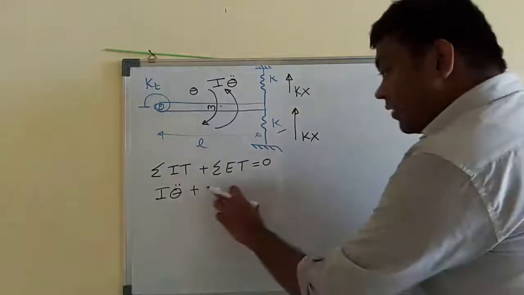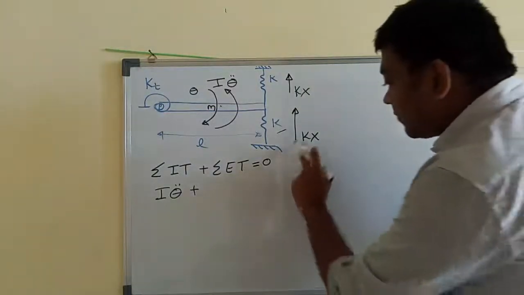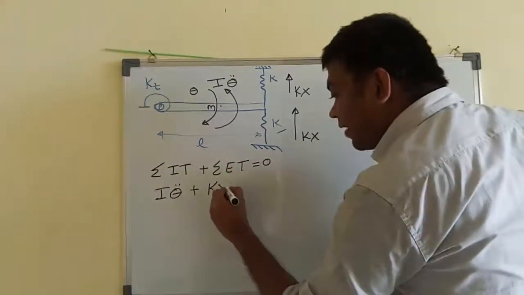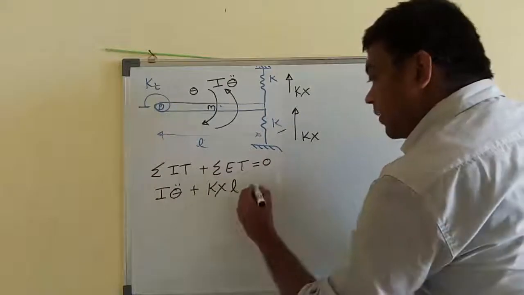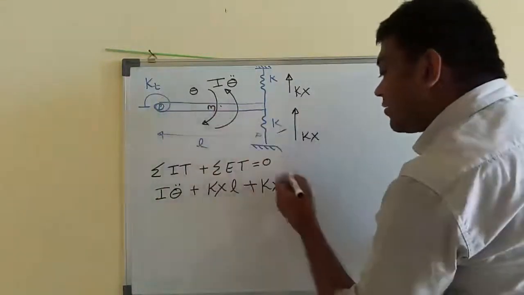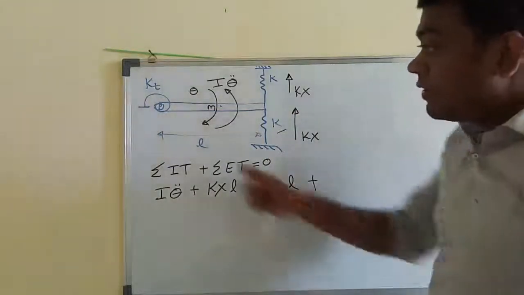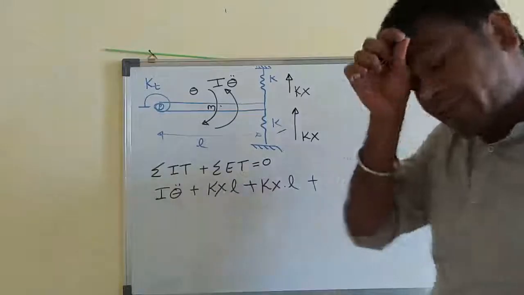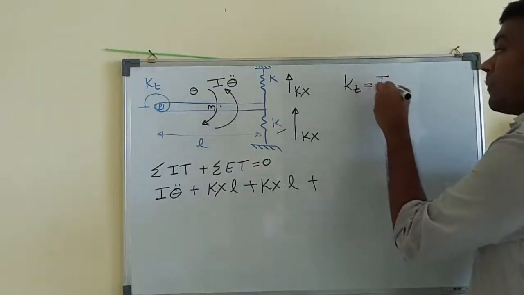Now, what is the external torque? External torque is nothing but force into distance. The spring force is kx, and the perpendicular distance is L. Plus here also the same spring force into perpendicular distance gives the torque. Plus this is the torsional stiffness. We studied in the previous lectures that torsional stiffness is T upon theta.